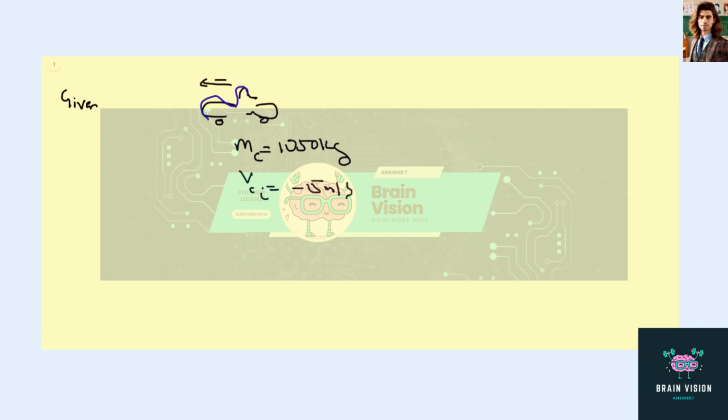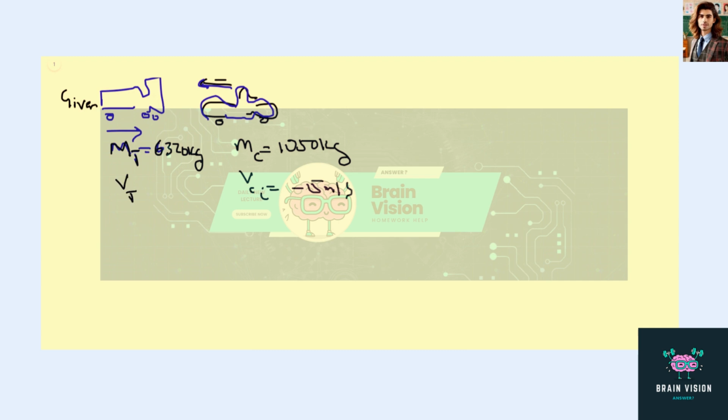That's the sports car. And then we also have a truck, and it's moving towards the right. The mass of the truck happens to be 6,320 kilograms.